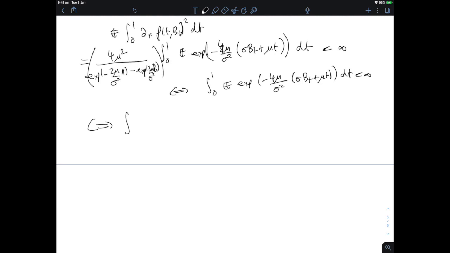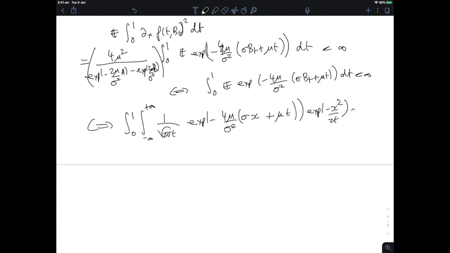And again, I know the density of bt, so what I get is the integral from minus infinity to plus infinity of 1 upon square root of 2 pi t exponential minus 4 mu upon sigma squared times sigma x plus mu t, and then all of that is multiplied by exponential minus x squared over 2t, and then that's dx, and then that's dt.